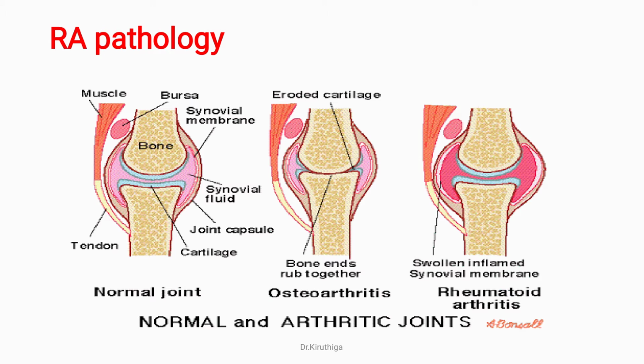The main pathology is focal loss of cartilage, and because of loss of cartilage, the articular ends of femur and tibia come in contact. They start eroding with each other, and the patient will develop pain and stiffness. In rheumatoid arthritis, the synovium is highly inflamed. It enlarges in size and it leads to pain and swelling of the joint.